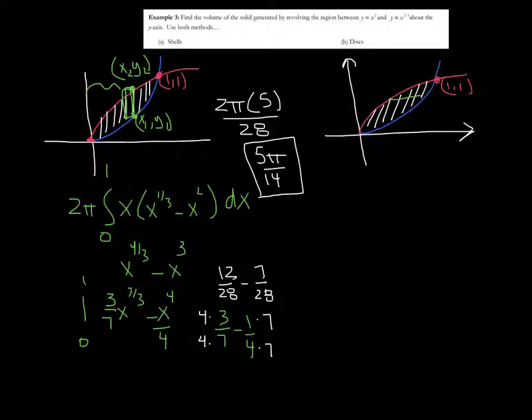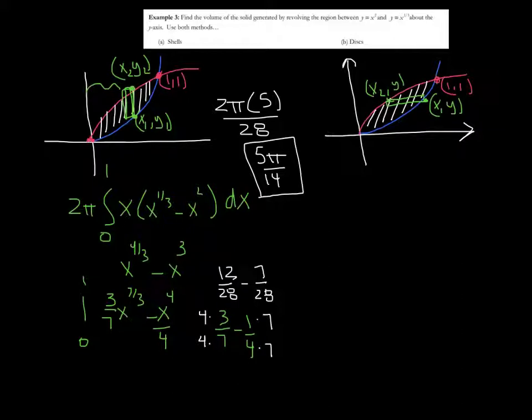So we're going to draw a rectangle that is perpendicular to the axis that we're rotating around. We're going to call this point x1, y, and we'll call this point x2, y. Once again, y is the same height for both points, so I'm just calling it y, but the x's are different.